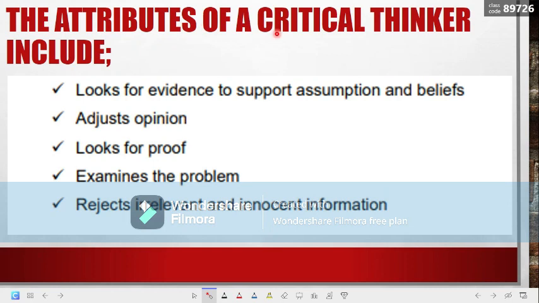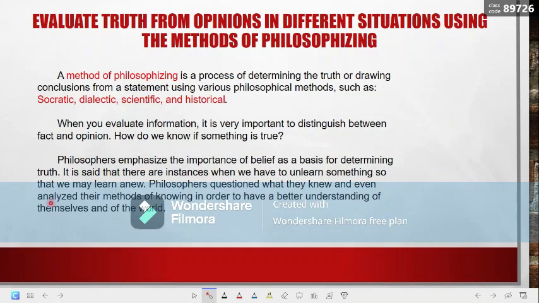There are attributes of critical thinkers that include: looks for evidence to support assumptions and beliefs, adjusts opinions, looks for proof, examines the problem, and rejects irrelevant and innocent information.